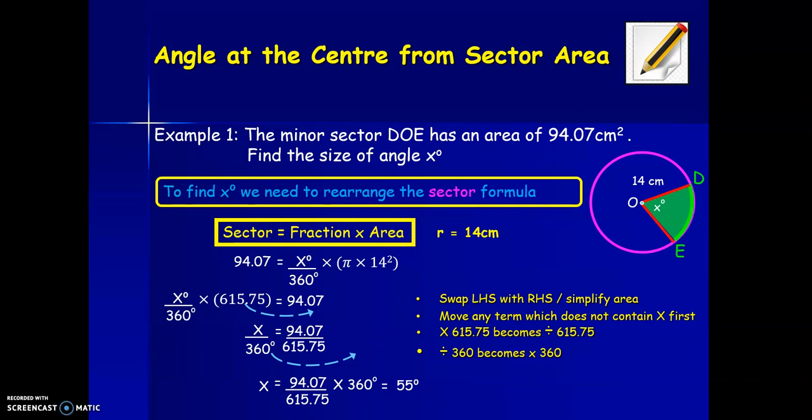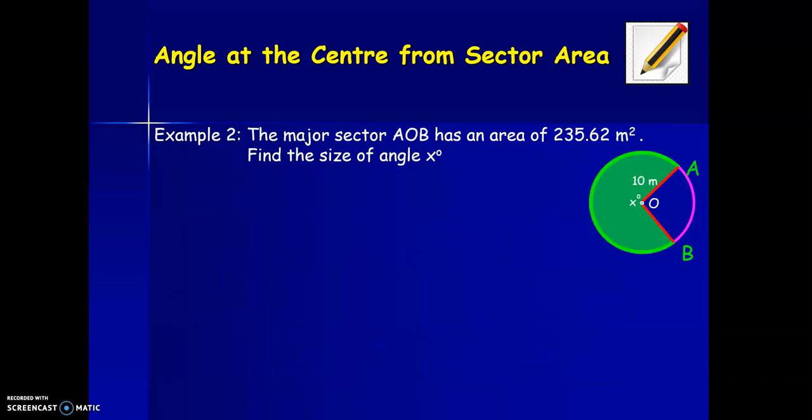Let's look at a second example now. So example 2. This time we have been given a major sector AOB, which you can see in the green shaded area. And this has an area of 235.62 square metres. We've been asked to find the size of angle X again.